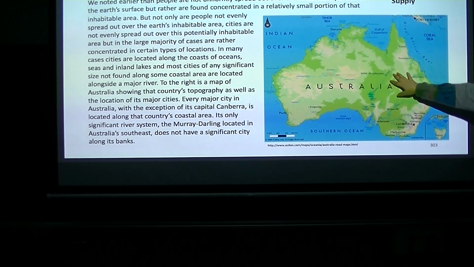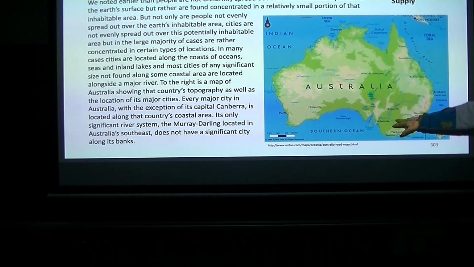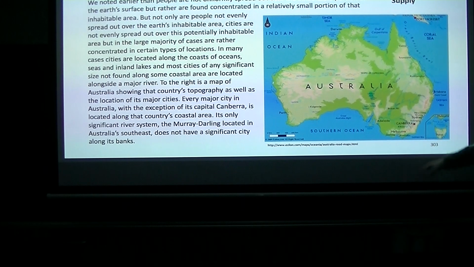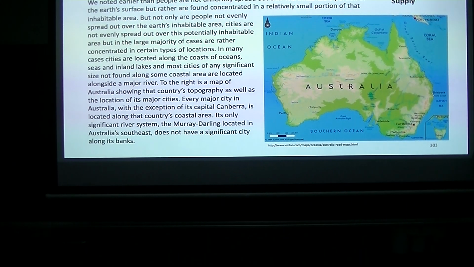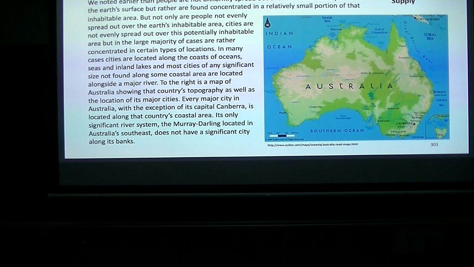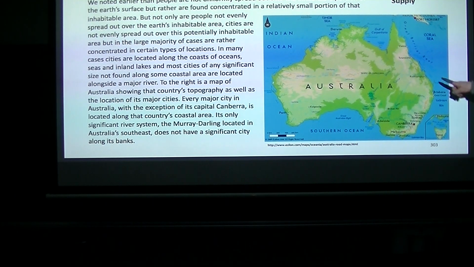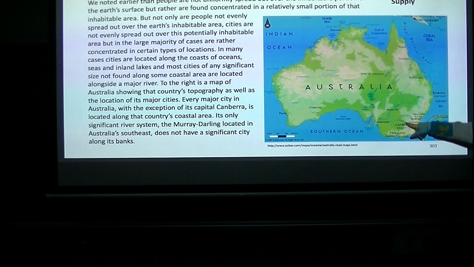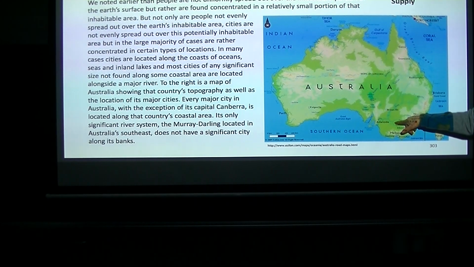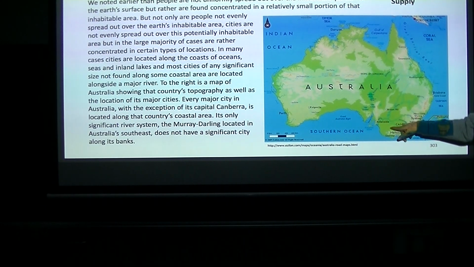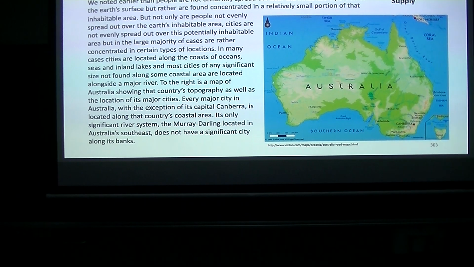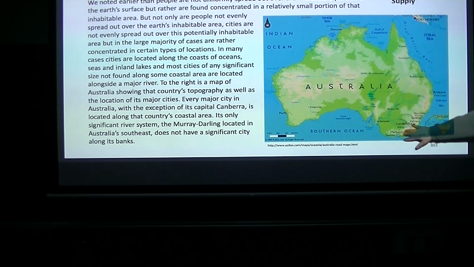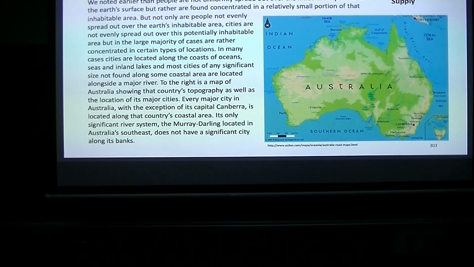It's a huge land area with almost no rivers. Very little population, almost all of that along the coast. The interior is extremely dry. This is the only significant river system, and there's no significant city on this river system. So that is an example. Australia is an example of a country where the population is in a very, very limited area.